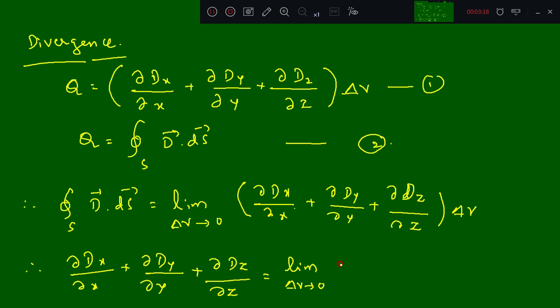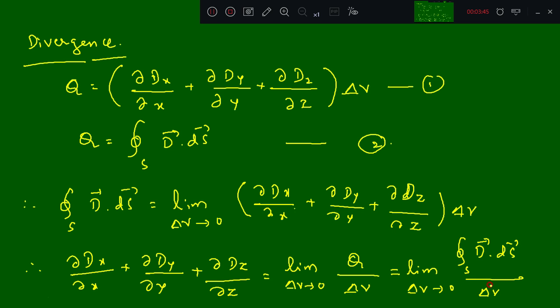From equation number 2, I can write this as Q upon delta v. So this is also nothing but limit as del v tends to 0 of surface integral S D dot ds upon delta v. Okay, so this is the most important equation. You can call this equation 3.